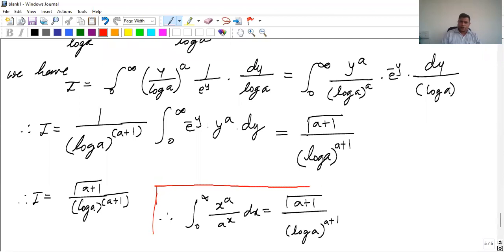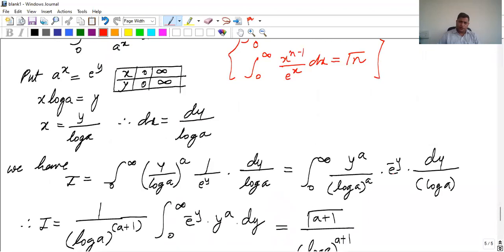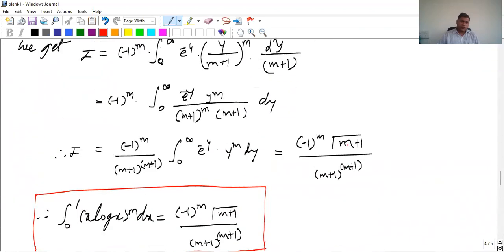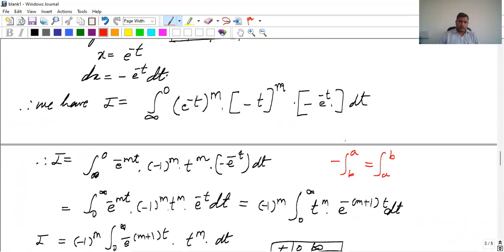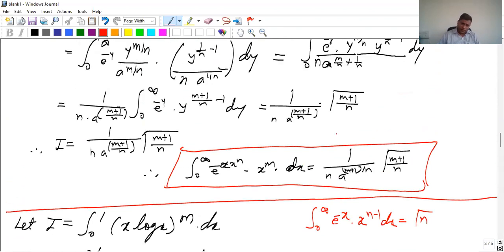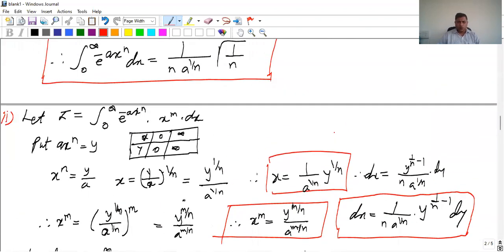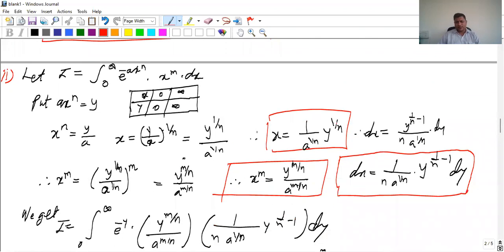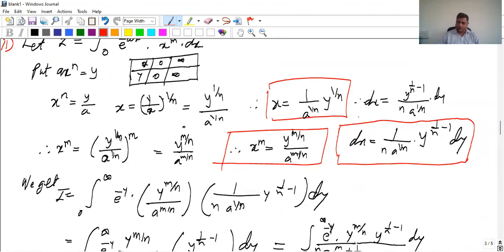So this way, we are able to solve the problems based on gamma. Whatever type of problem we have, either we have only an exponential term, or an exponential term with one more term, or a log of 1 by x, or x raised to a upon a raised to x.